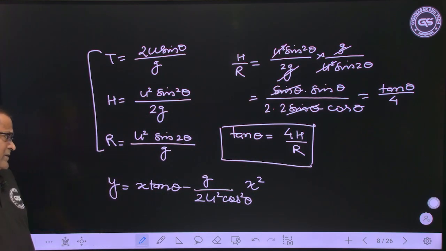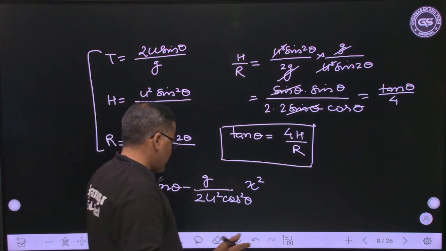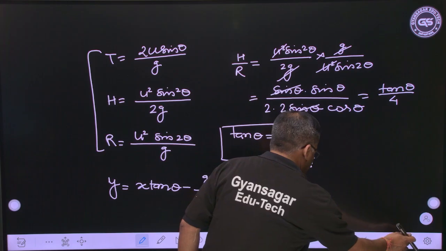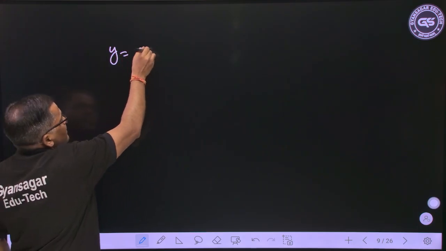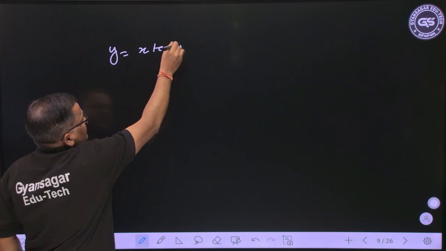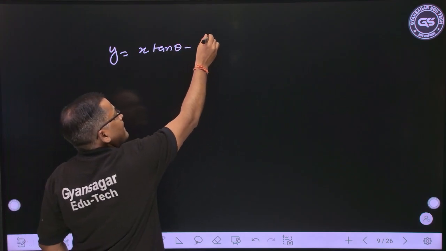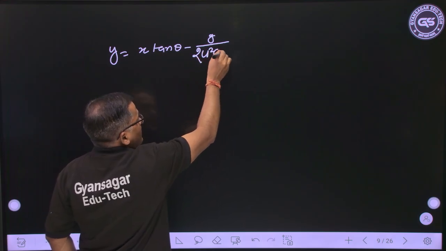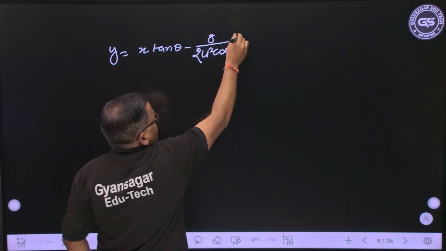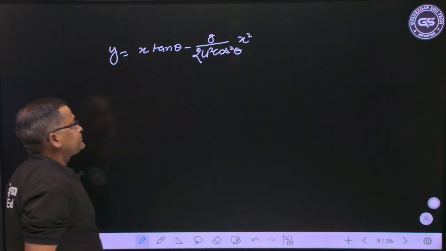So, from this equation we will do one thing. Y equal to x tan theta minus g by 2u square cos square theta into x square.